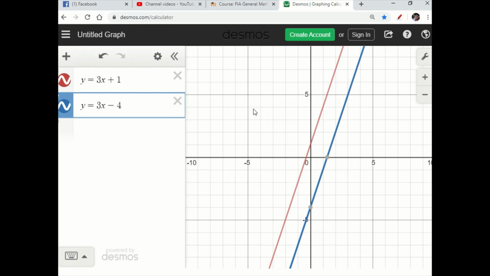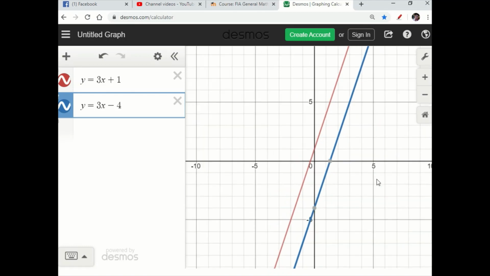As we can see here, the y-intercept for the red line is 1. And for the blue line, the y-intercept is -4. Now, these two lines have different y-intercepts, but they have the same slope.